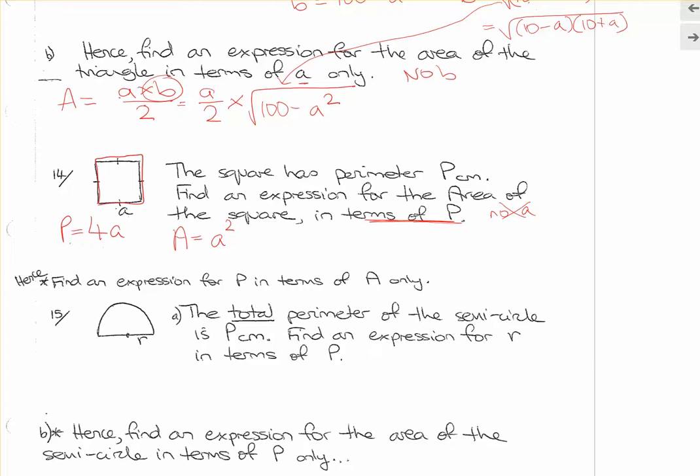So coming back to our first formula and rearranging it, I can see that little a is a quarter of the perimeter. P divided by 4 would give me little a. So therefore the area is little a squared. So if we write it as P over 4 squared, now I have a formula for the area in terms of P only. So once I know the perimeter of the square, I could substitute it in and work out the area.